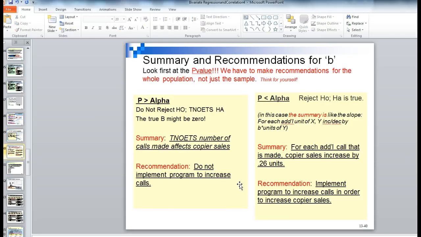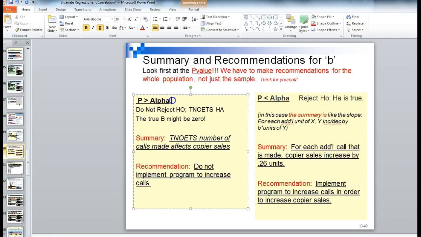All right, so now how are we going to summarize what the relationship is between calls and sales? For this, anytime we use a summary, we must look at the p-values, because we are interpreting it not for the sample, but for the population as a whole.